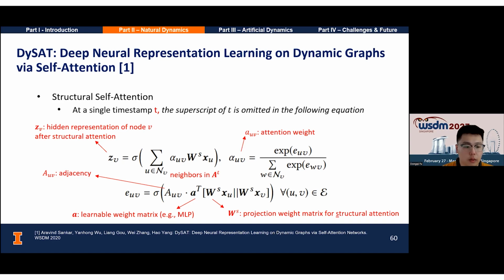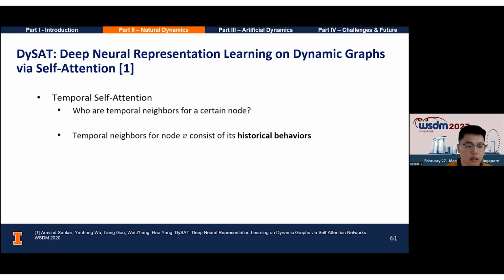For a node v, we have its neighbors N_v, and for each node in N_v, we multiply the input node features with the attention weights to get the hidden representation of the node v at the current time step t. What we just introduced is in one single time step. The next necessary step is how we could do it across time steps. This technique is called temporal self-attention.